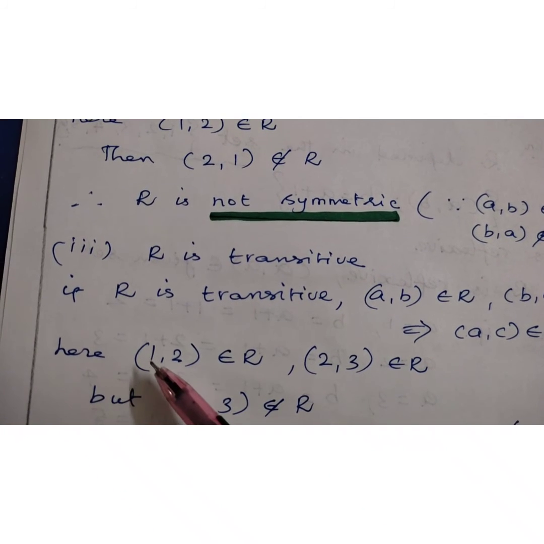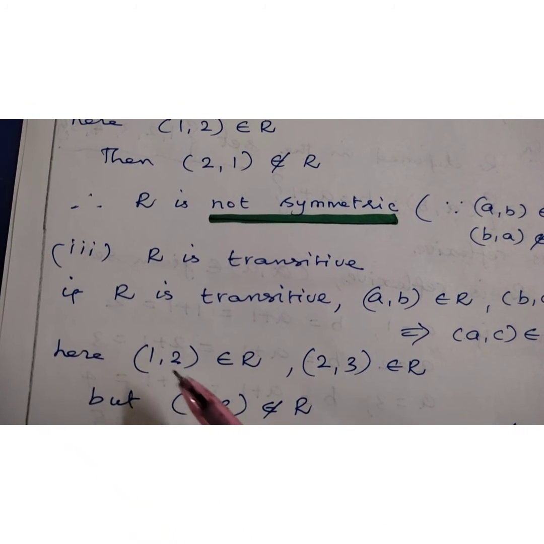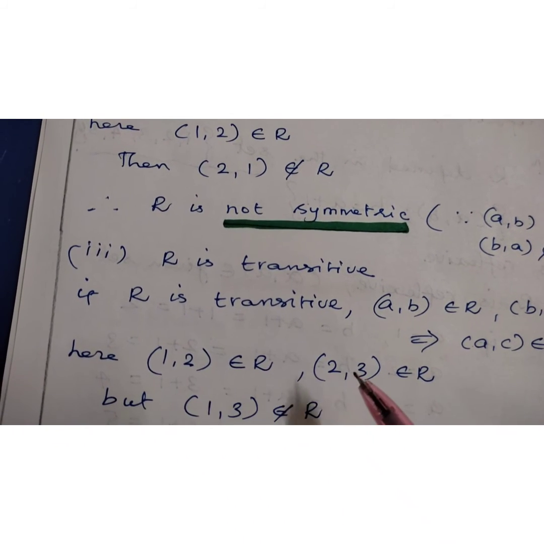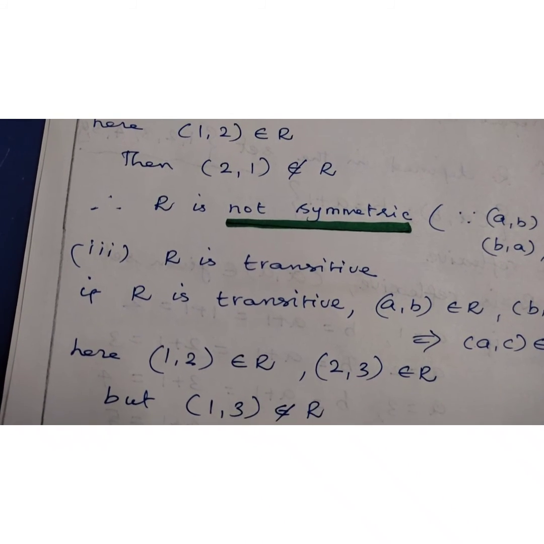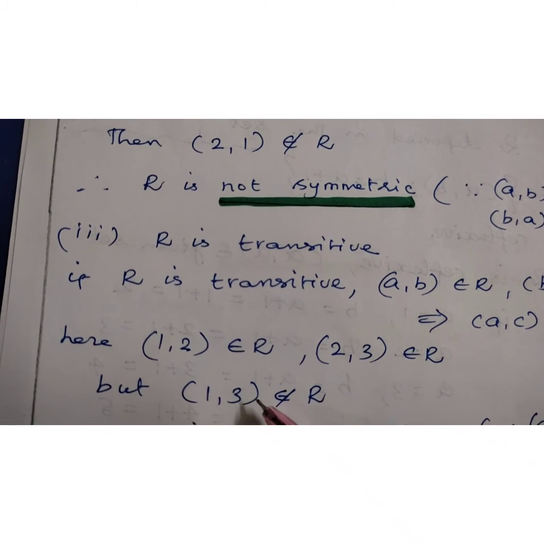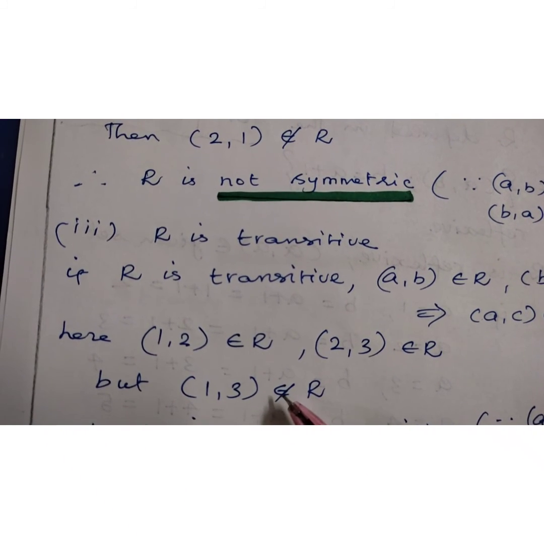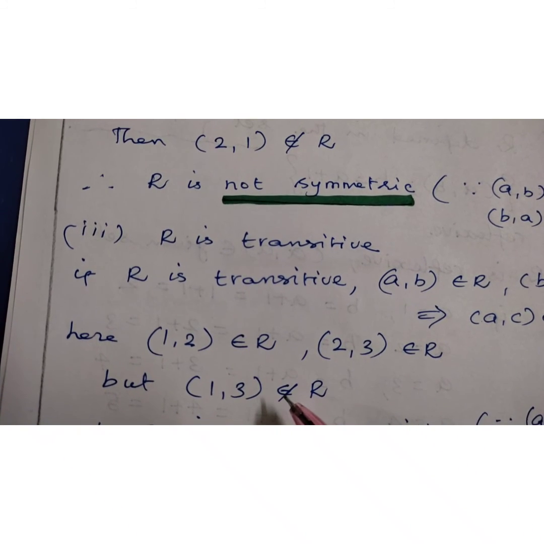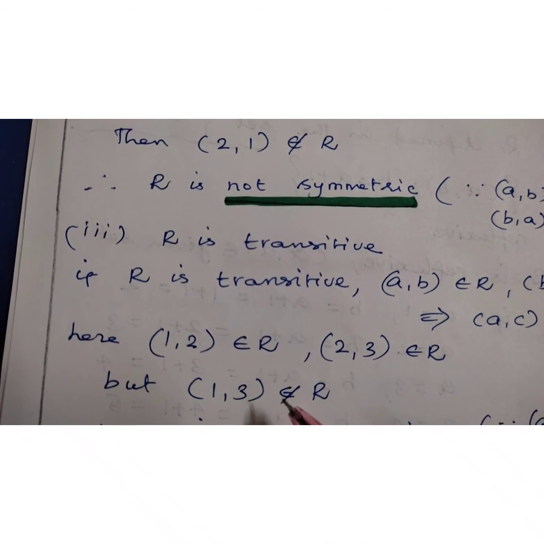Here what will be the third pair? Third pair will be A and C, that is 1 and 3. Okay, 1 comma 3. Does 1 comma 3 belong to R? No. In that relation equation we don't have that pair 1 comma 3.